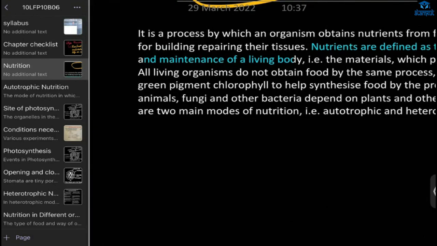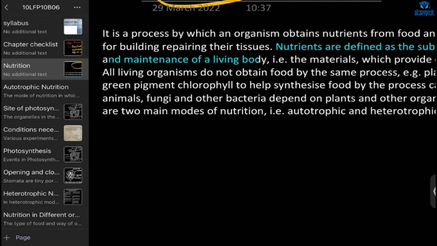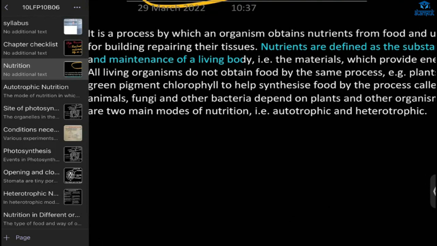Nutrients are the components of food. Nutrients could be carbohydrates, fats, protein, vitamins, and minerals. Carbohydrates and fats are energy providers. Vitamins and minerals are used for protection and regulation of the body. And protein is used to build up the body and for growth.